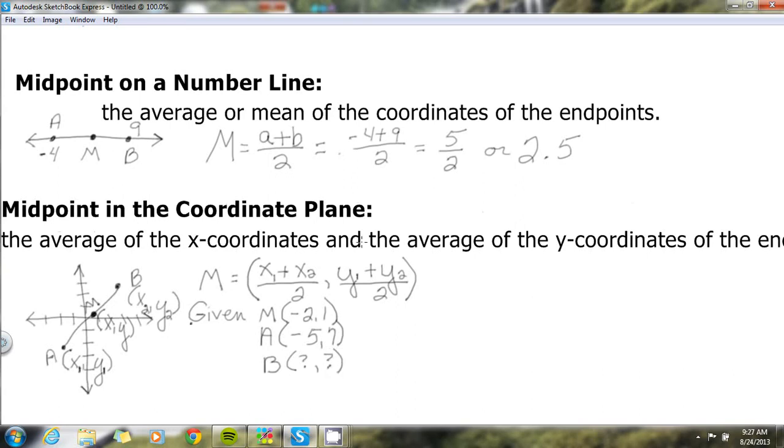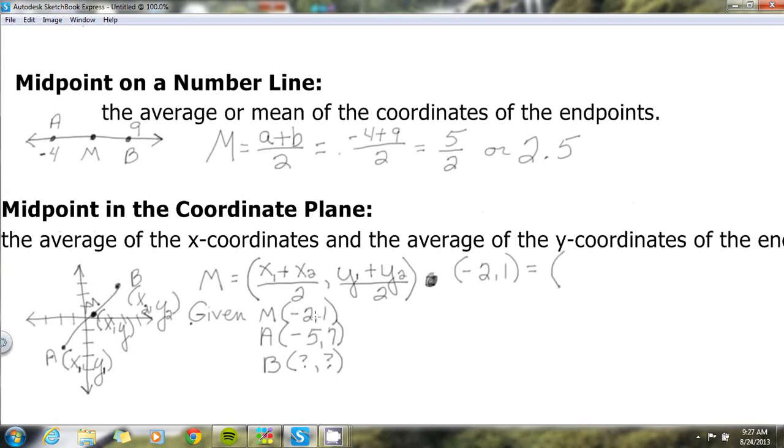So we're going to start out by using our midpoint formula. Our midpoint itself is the ordered pair negative 2, 1, so let's put in negative 2, 1 for our midpoint, M. Our midpoint equals the average of our x-coordinates.